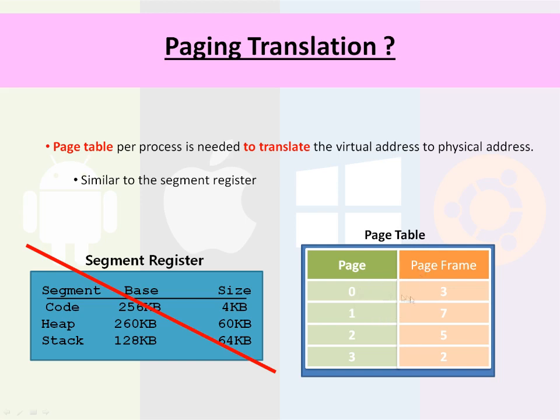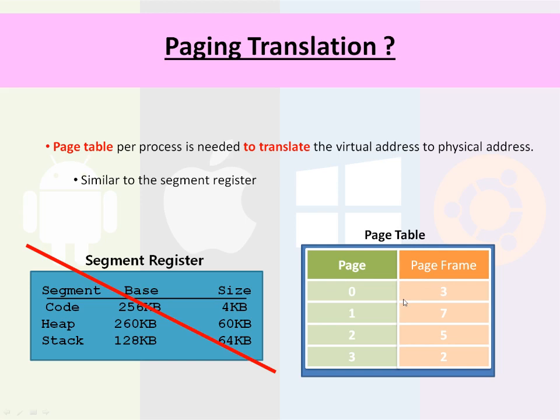And they're only mapped to a specific page frame. So here page 0 is mapped to page frame 3. So page 0 in the address space of that specific process is mapped to physical page frame 3.